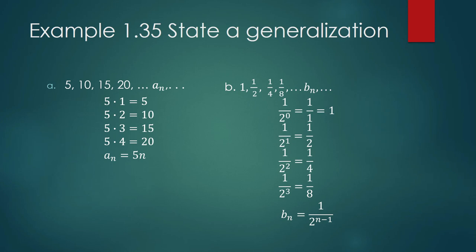And here, this is actually the fourth term, but the exponent there is 4 minus 1. So that is why the general term should be written in this way. 1 over 2 raised to n minus 1, or I think I wrote it differently in the book, or you can write this as the quantity 1/2 raised to n minus 1.